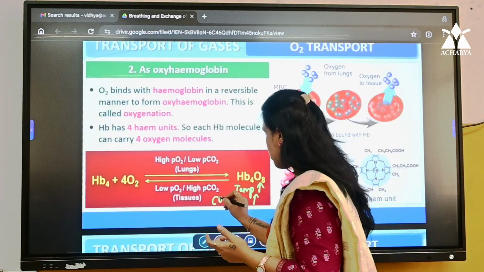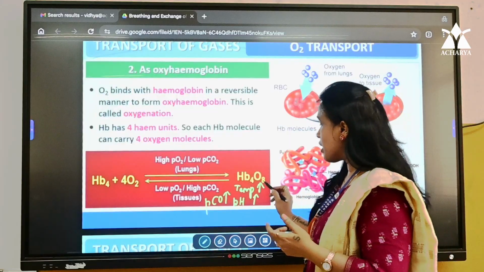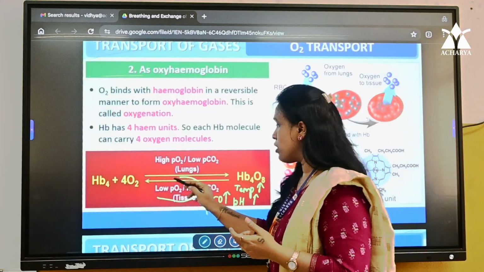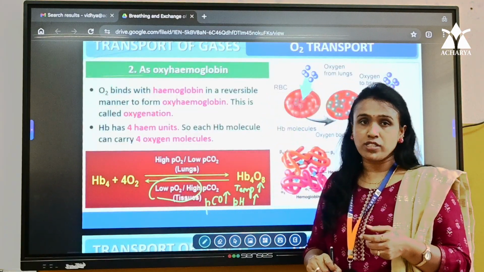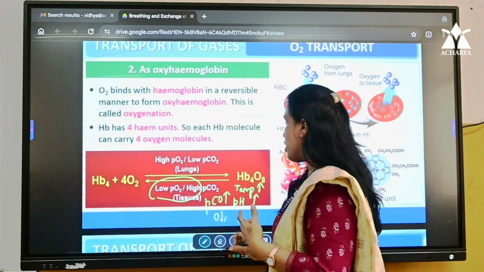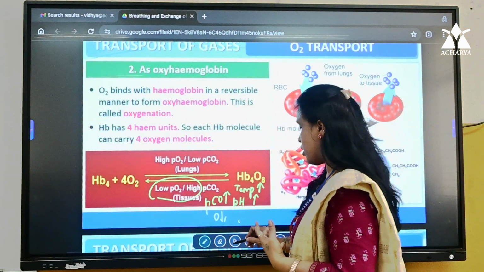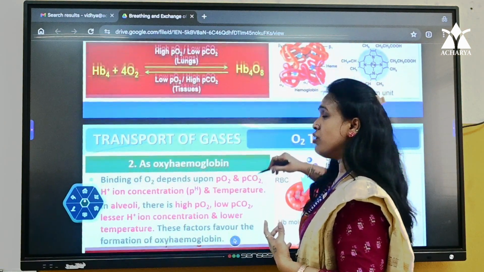When carbon dioxide is more, these two concentrations will also be more. And this is the condition where we can see the dissociation of oxygen: the oxygen level should be less and carbon dioxide level should be more.